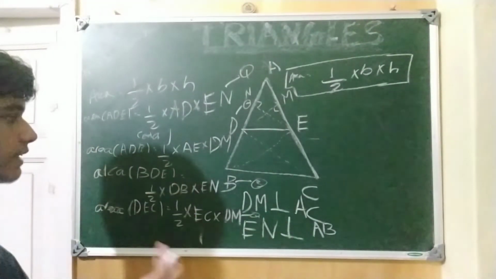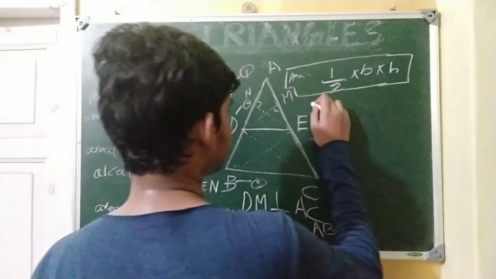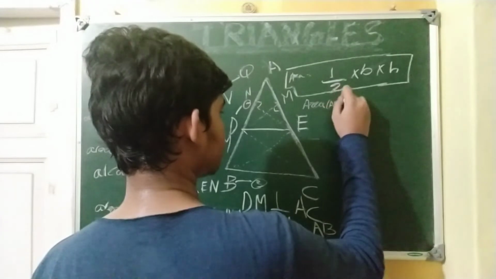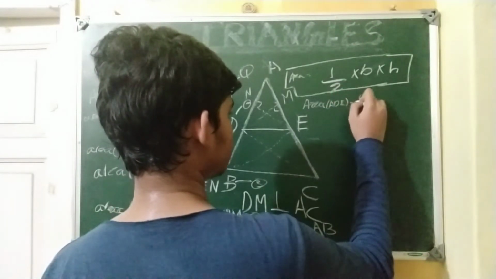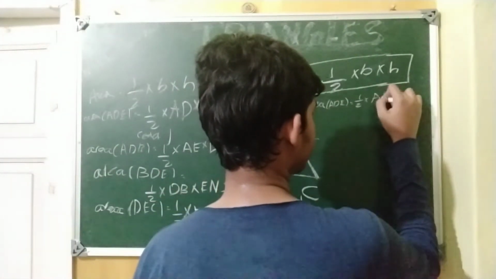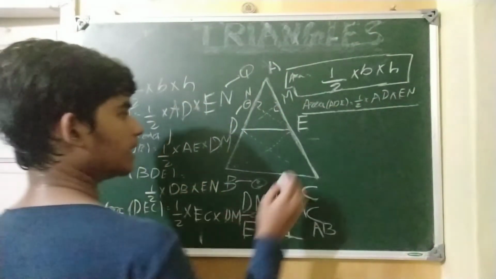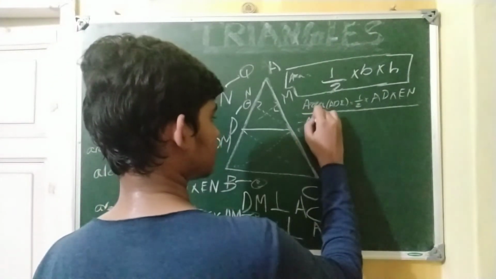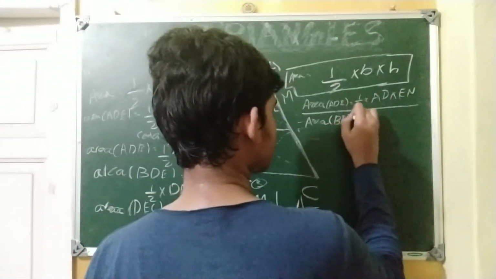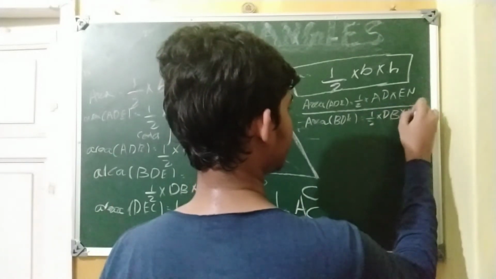Now that we've taken four equations, let's add equations 1 and 3 together and equations 2 and 4 together. Now you will get area of ADE is equal to half into AD into EN, area of BDE is equal to half into DB into EN.